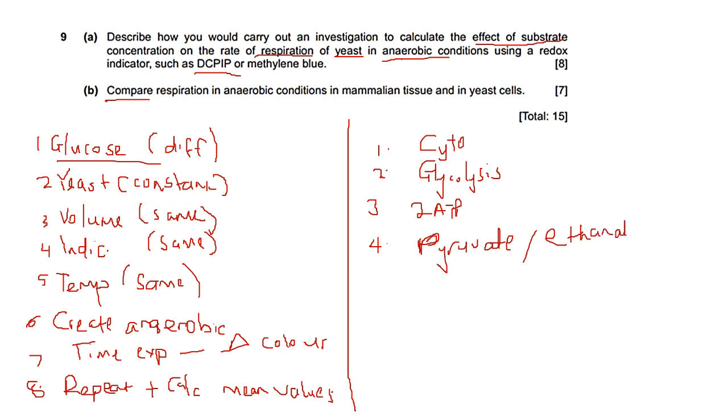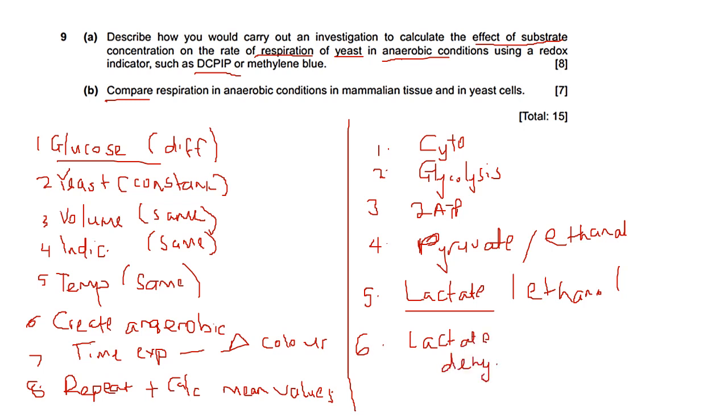Then in mammalian tissue the final product is lactate or lactic acid, whereas in yeast it is ethanol. In mammalian tissue, because it's lactate, the enzyme involved is called lactate dehydrogenase. I'm just going to write dehyde, but it's a dehydrogenase. Whereas in yeast tissue, it is ethanol dehydrogenase.